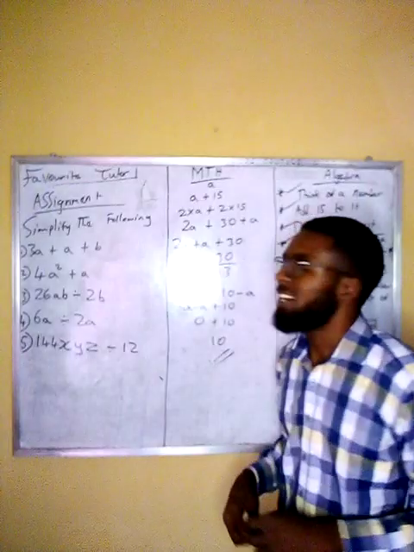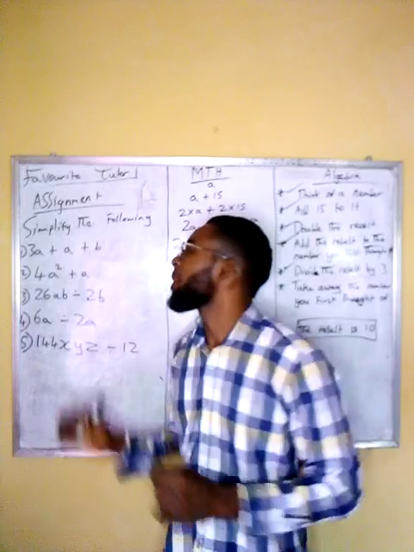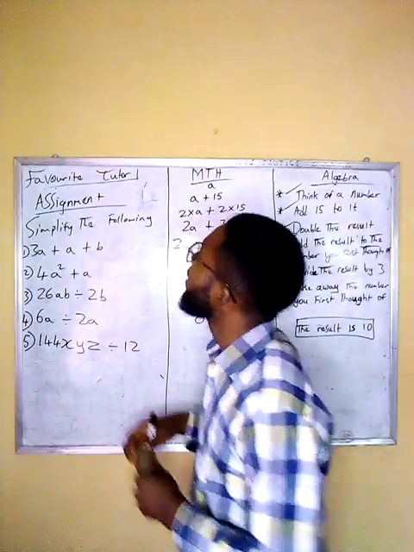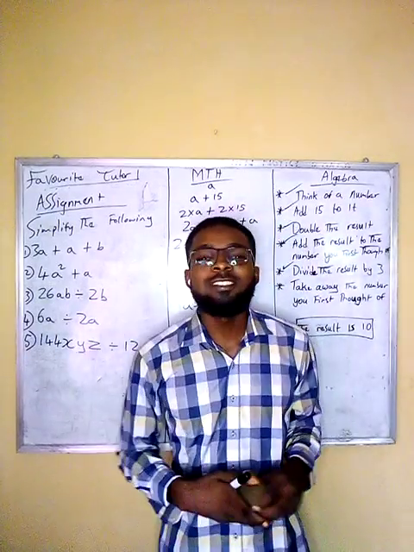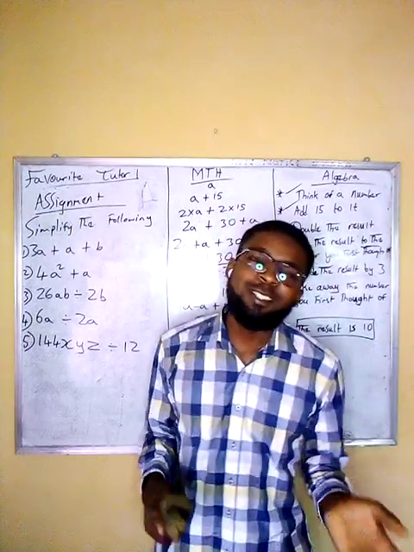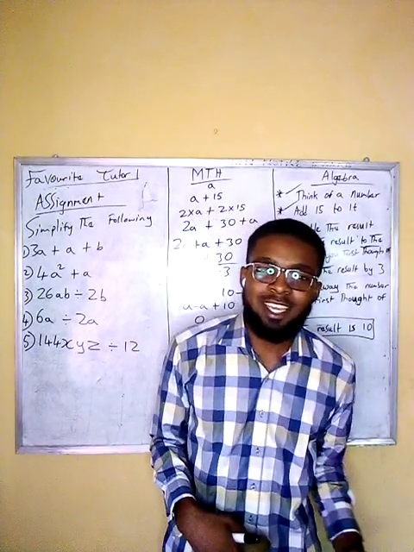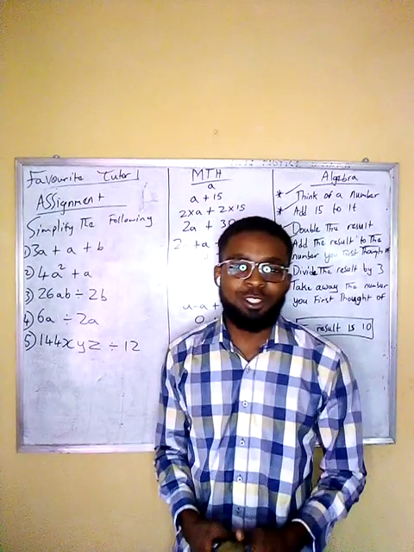So these are the assignment. This assignment is for you. You do them, you put the answers in my comment section, and then in my next class we'll do the correction, and we see how we can move further towards algebraic terms, algebraic expressions, and algebraic equations.